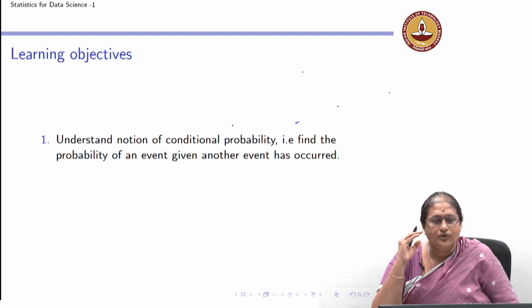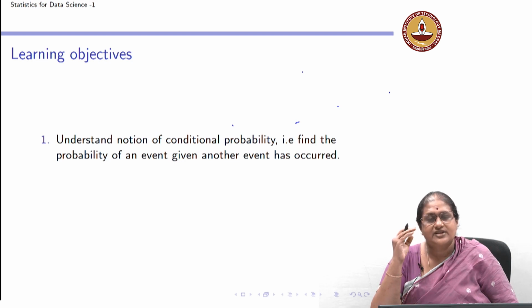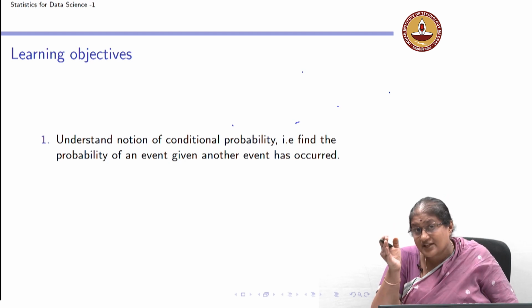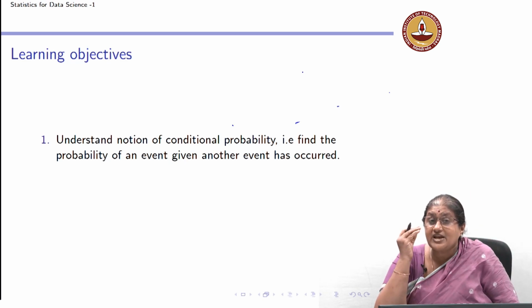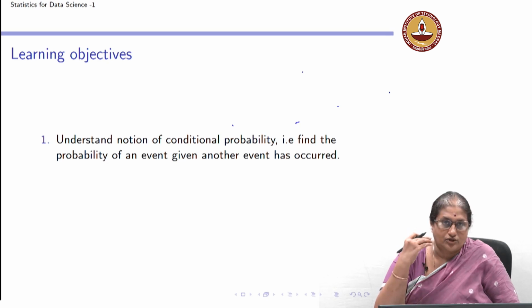For example, I am tossing a coin twice and I know that my first toss is a head. I would want to know the chance of getting a head in the second toss, conditioned on the fact that the first toss was a head. So, I am using the information I have from the outcome of the first toss.